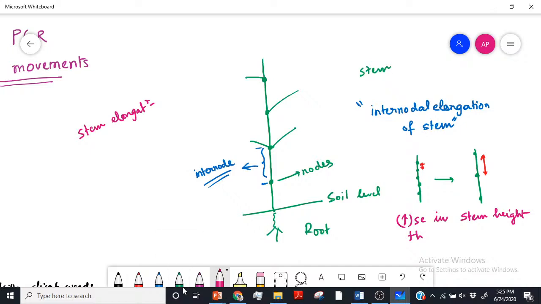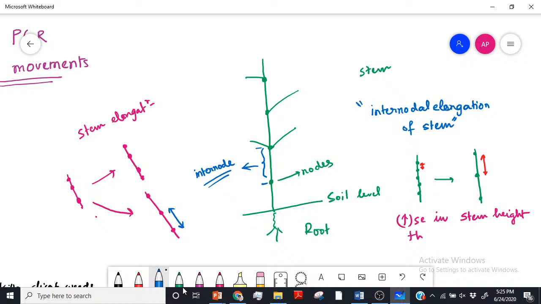Suppose this is my stem, over here we have three nodes. Now the stem elongates and over here we have four nodes. This is one kind of elongation. The other elongation can be, over here we had three nodes, now over here we will also have three nodes, but the internodes will increase, right?